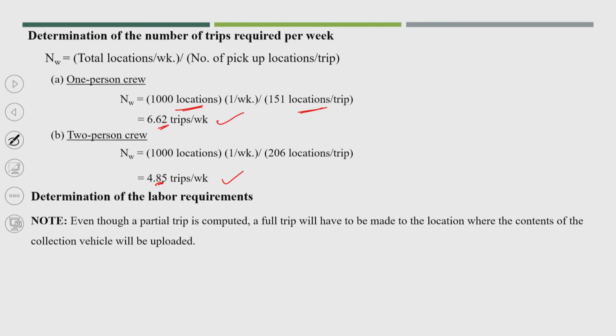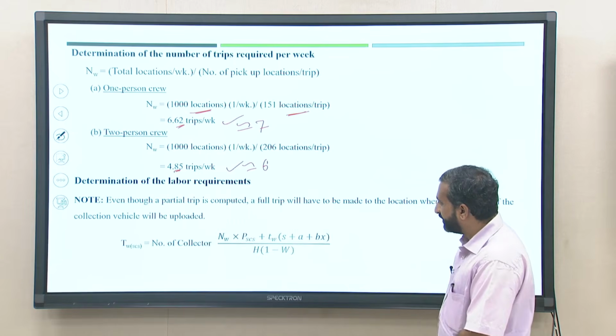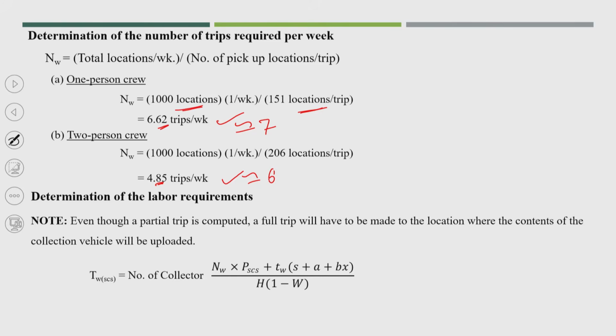So, we can assume these trips as 7 trips per week in the 1 person crew, and in this case 6 trips per week in the 2 person crew. That way we can calculate the labor requirement. TW is the total time per week, how many days will be required in this particular collection system, and the unit will be days per week.